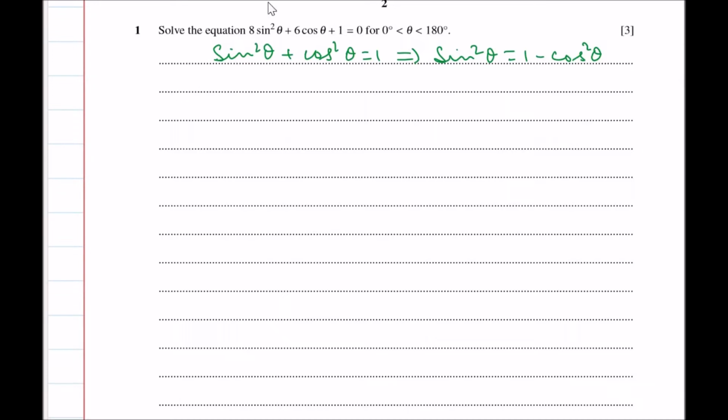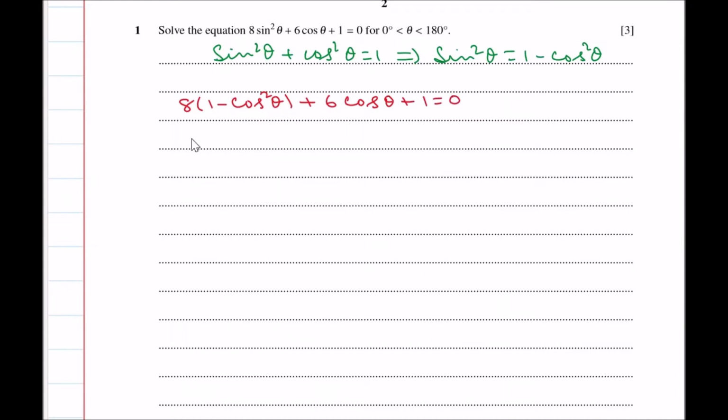So we are going to put here 8, and for sin square theta we substitute 1 minus cos square theta, then we have plus 6 cos theta plus 1 equal to 0.